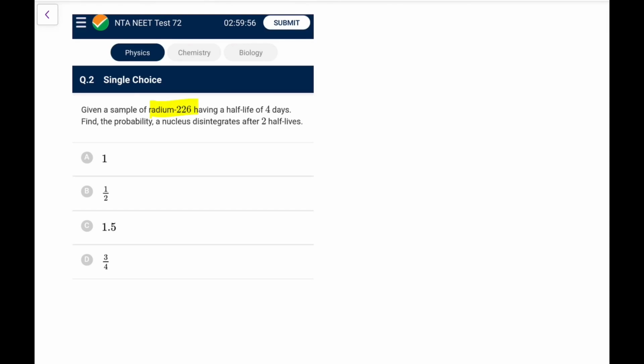Given a sample of radium-226 having a half-life of 4 days, find the probability a nucleus disintegrates after 2 half-lives. Okay, probability that it disintegrates after 2 half-lives means it should survive till 2 half-lives.